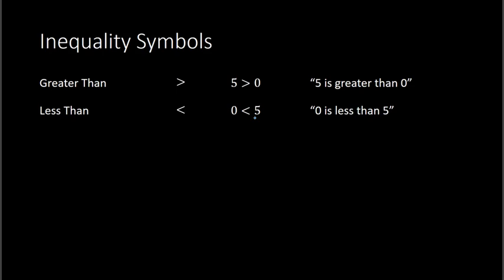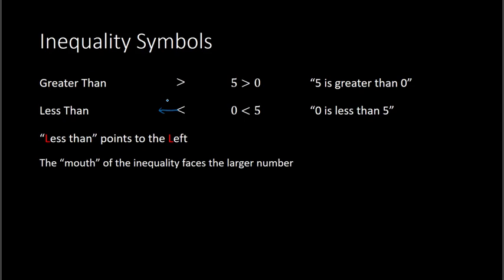Some people might struggle with remembering which one is which. One way to remember is that the less than symbol points to the left. You imagine this as an arrow pointing to the left. So the less than points to the left, and always take note, the mouth always faces the larger number.